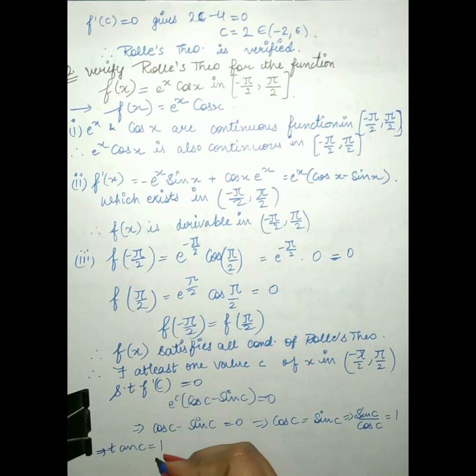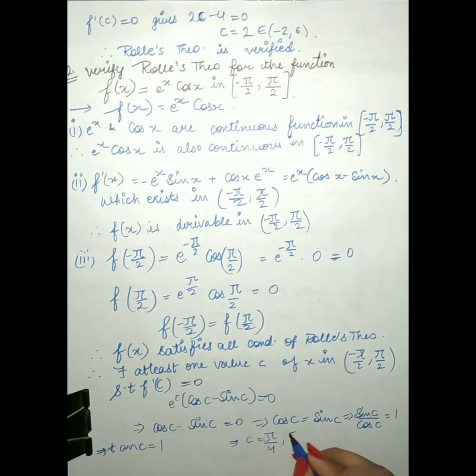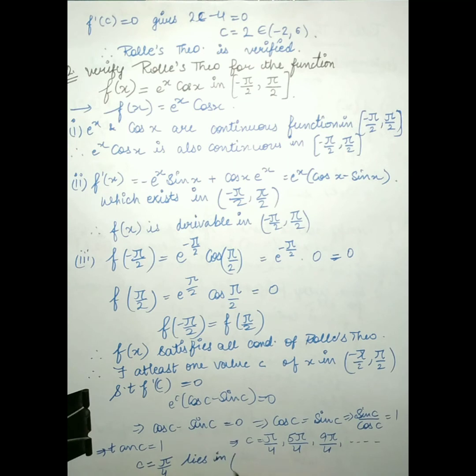For tan theta equal to 1, there exist many values, that means pi by 4, 5 pi by 4, 9 pi by 4 and so on. So here c will be pi by 4, which lies in the interval minus pi by 2 and pi by 2. So therefore Rolle's theorem is satisfied.